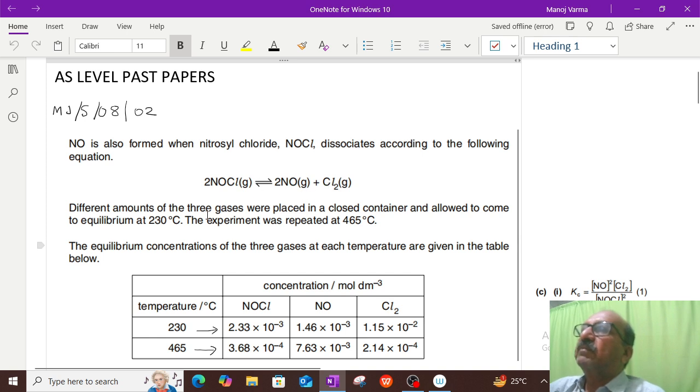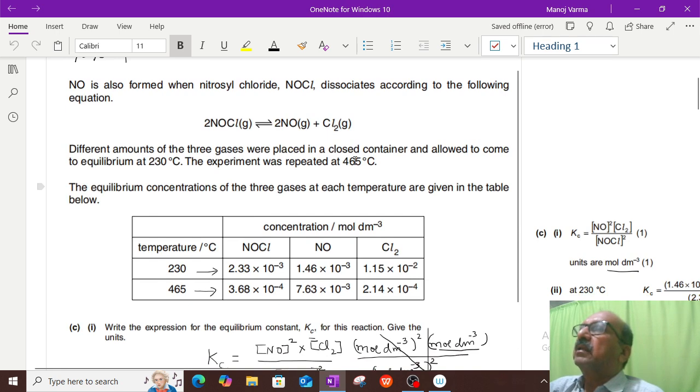All are gaseous. Different amounts of the three gases were placed in a closed container. You should know that the container is closed because then only an equilibrium can be established. And allowed to come to equilibrium at 230 degrees Celsius. The experiment was repeated at 465 degrees Celsius.